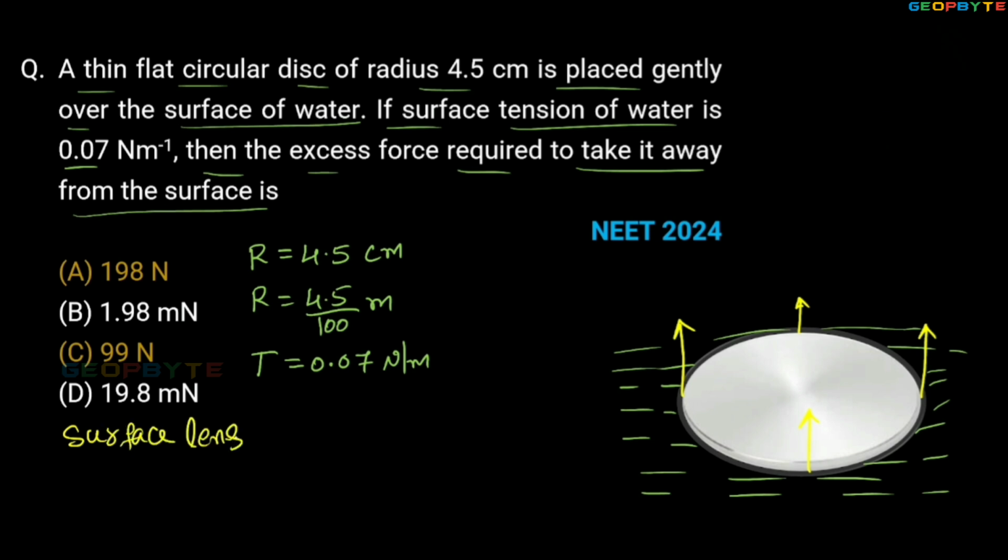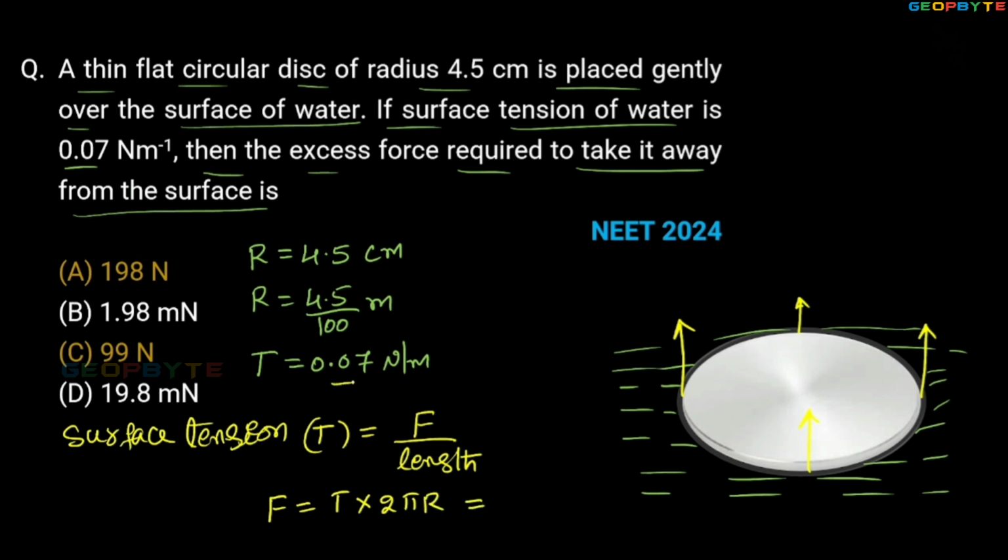Listen carefully. Surface tension T equals surface force per unit length. Here length means circumferential length. Therefore force equals surface tension multiplied by circumferential length, that is 2 pi r.